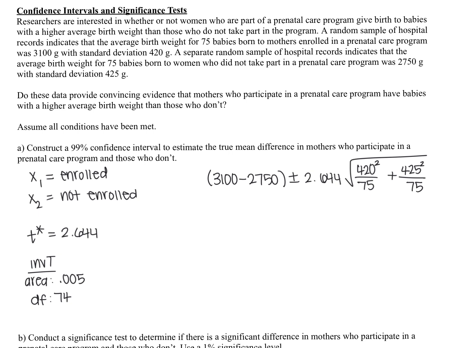So 3,100 minus 2,750 gives us 350 plus or minus 182.423.